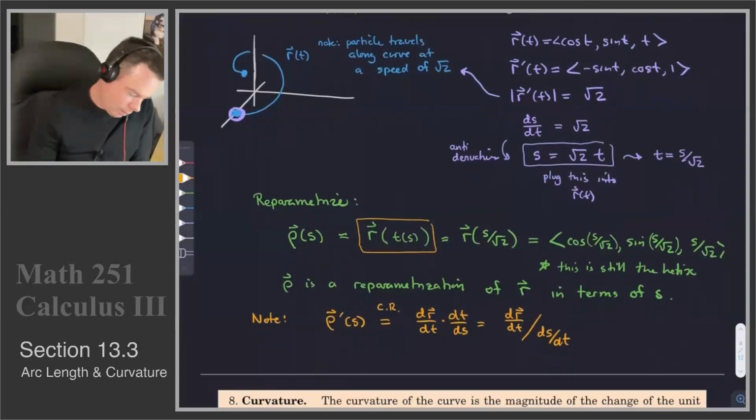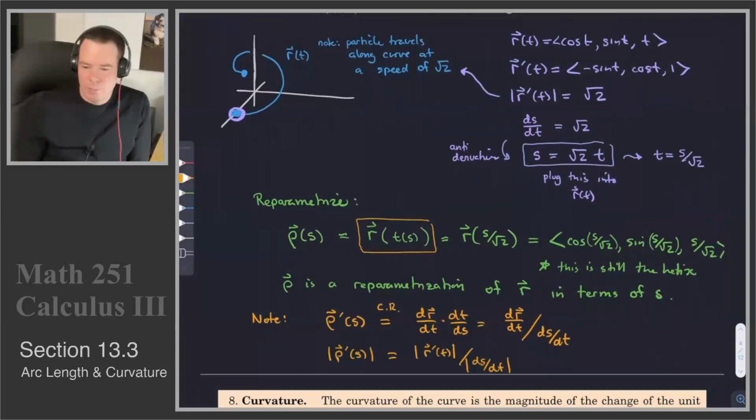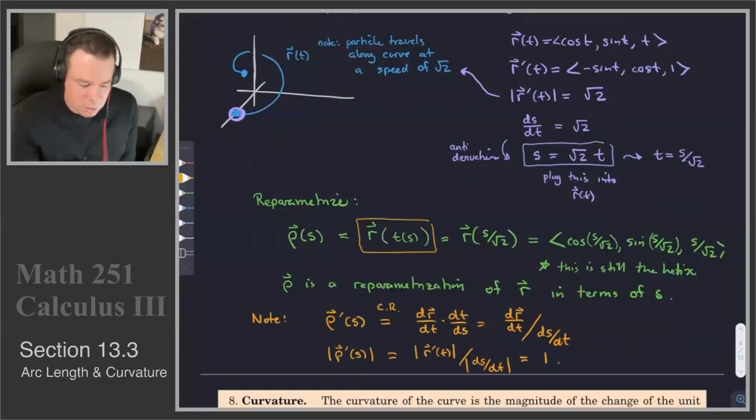And now when I take the magnitude of this, it's the magnitude of dr dt, or in other words, r prime of t, over the magnitude of the bottom, which is ds dt. But those are just the same quantities. Those are both speed. So this is 1. In other words, we've constructed a parametrization that is of unit speed.